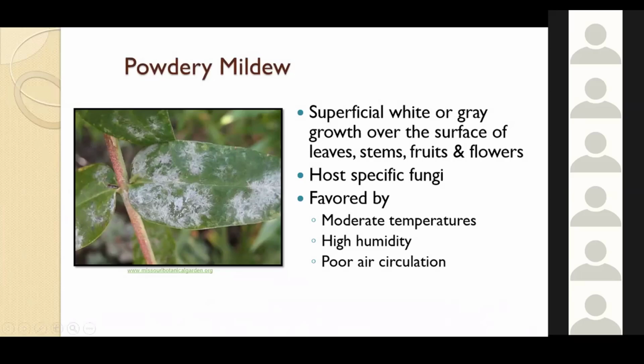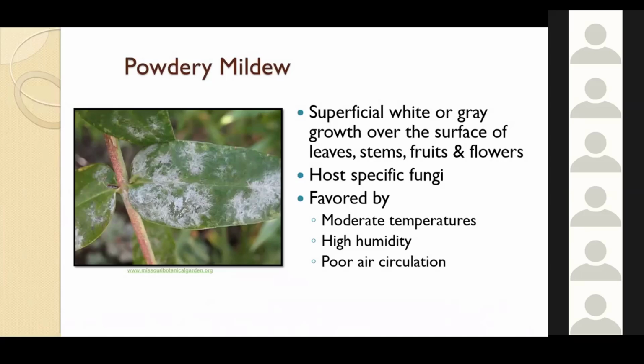Next is powdery mildew. Powdery mildew tends to just be a superficial white or kind of gray growth over the surface of leaves, stems, fruits, and flowers. Typically, powdery mildew is caused by very host-specific fungi. So the powdery mildew that affects your lilacs should not affect your turf or any of your peonies.